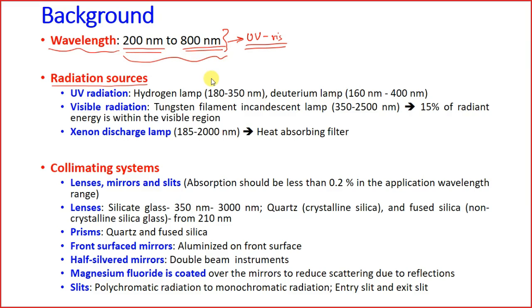So for the UV region, we basically use a hydrogen lamp, which generates radiation in the range of 180 to 350 nanometer, and we have a deuterium lamp, which generates UV in the region of 160 nanometer to 400 nanometer.